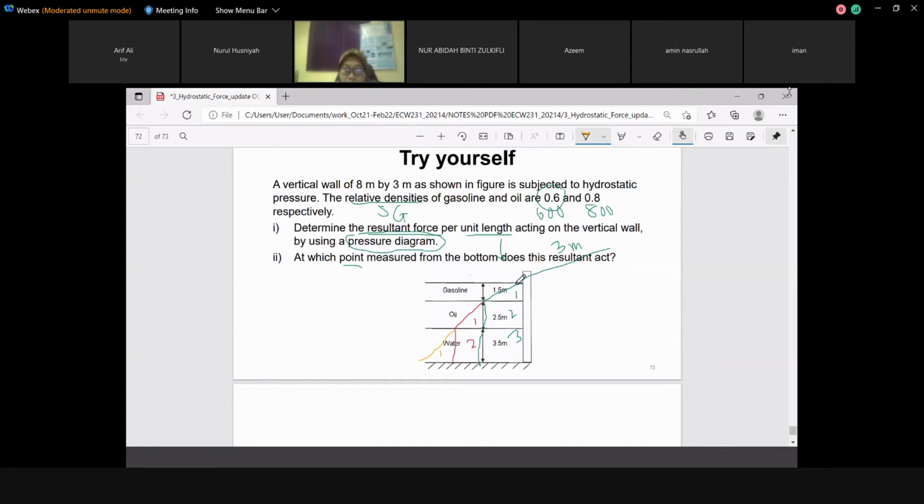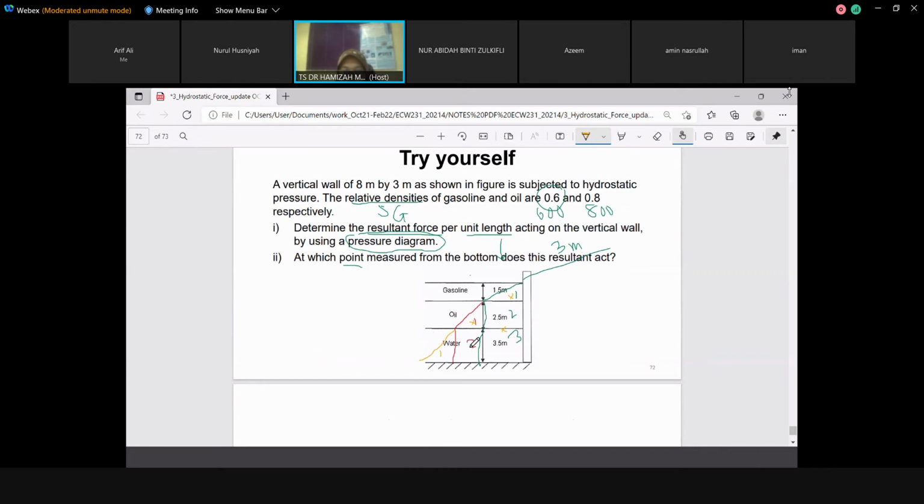Okay, and then HP1, the point is here. And then the center of gravity for this one, we have it here. We combine them. You can combine the areas. And then we have another HP here.